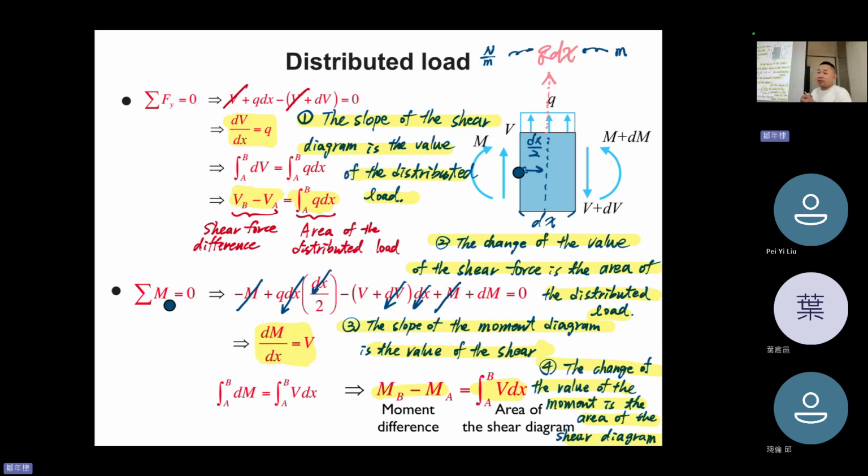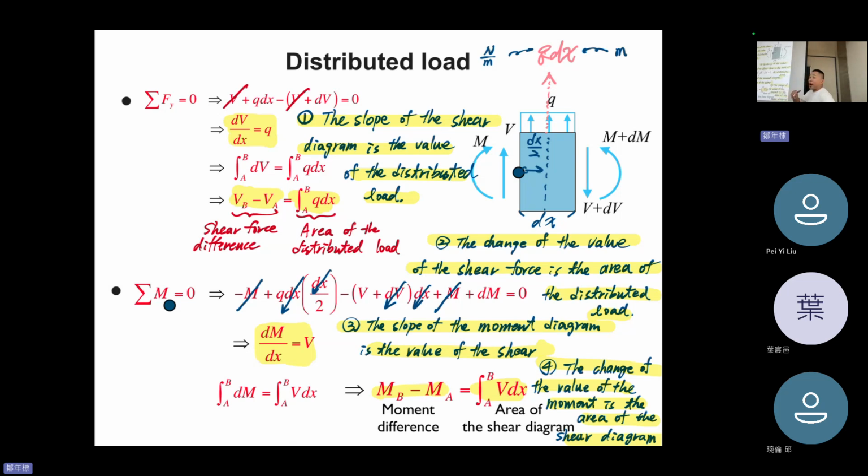The moment is strongly related to shear, because the slope of your moment is the value of the shear at that point. So we have in total 6 conclusions. Right now we have introduced 4, and we will introduce more later.